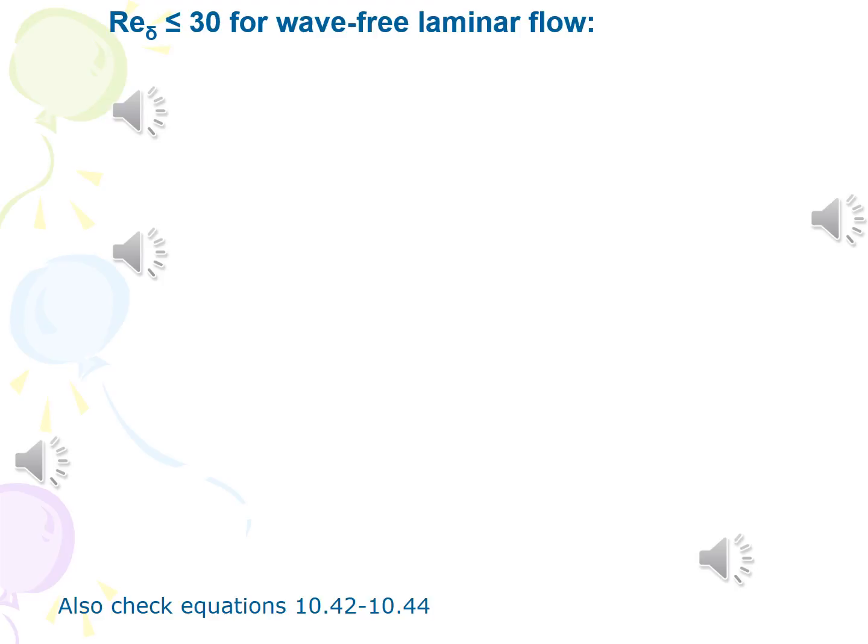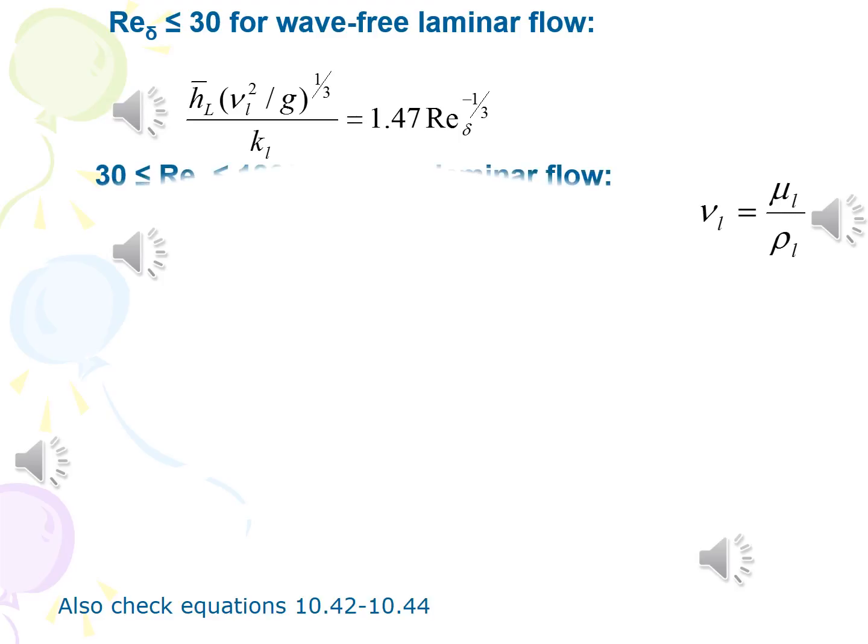Firstly, for a Reynolds number less than 30, the correlation is as follows. Nu is the kinematic viscosity, equal to viscosity divided by density. For wavy laminar flow, the correlation is as follows.